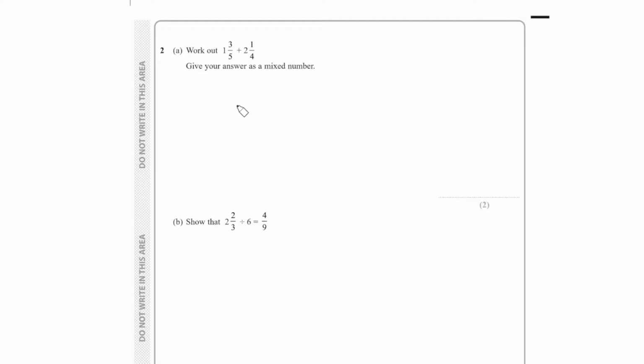So it's up to you whether you just want to go, do you know what, for any of the types of fractions operations, I'm just going to convert them all from mixed numbers into improper fractions, so that I don't have to worry about remembering which time I can and which time I can't. Or you might be happy to go, yeah, I'm just going to save myself some time by only adding the whole numbers and adding the fractions separately. That's completely up to you. That's just a personal choice, how much you want to remember or however you feel comfortable.